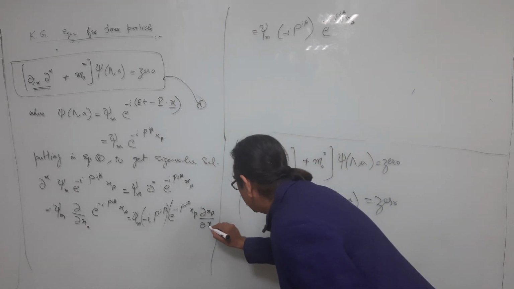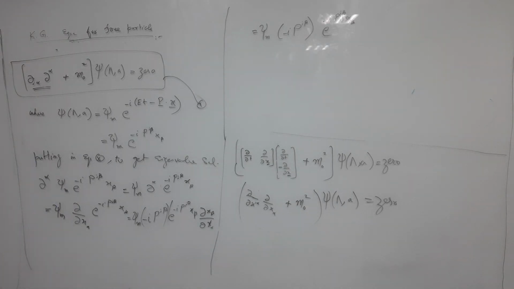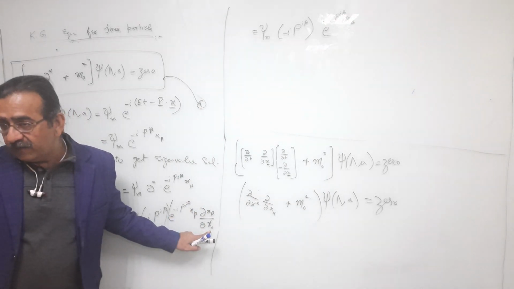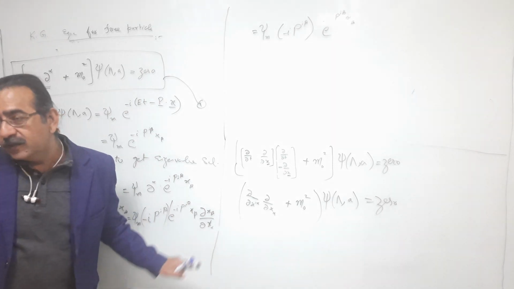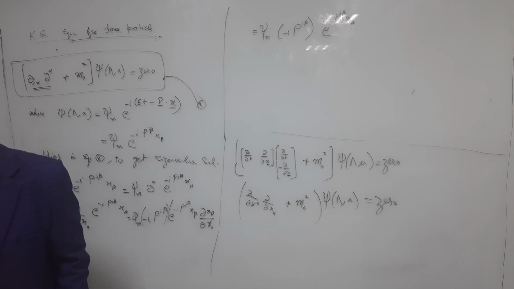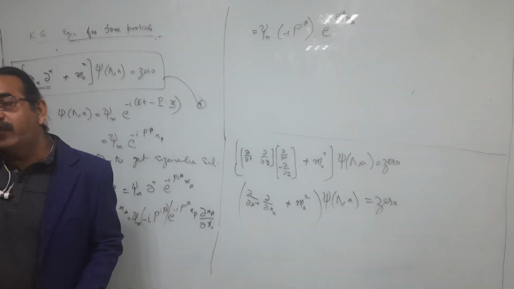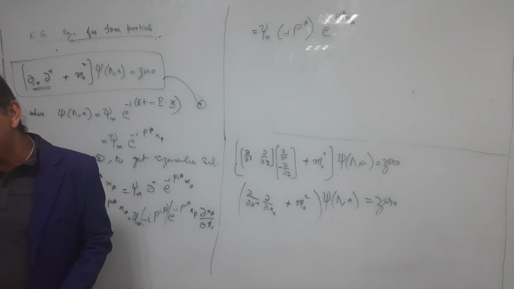What is the derivative? Both are the same, then that will be 1. X divided by x equal to 1. So if both are the same, then the derivative will be 1. If they are different, then the derivative will be 0.